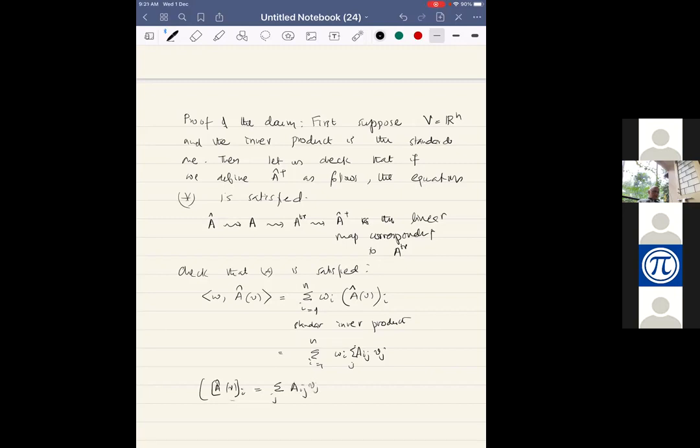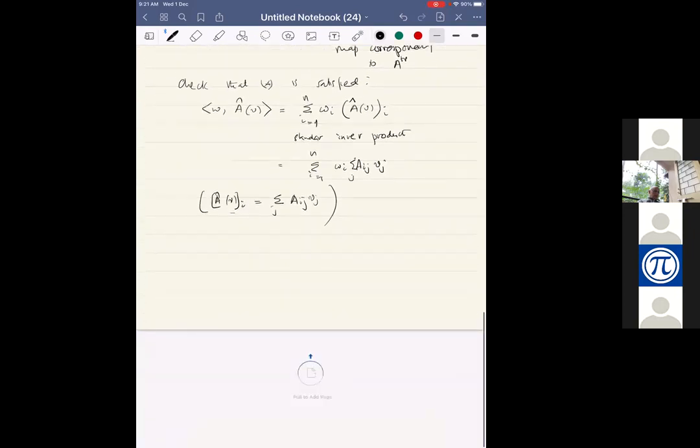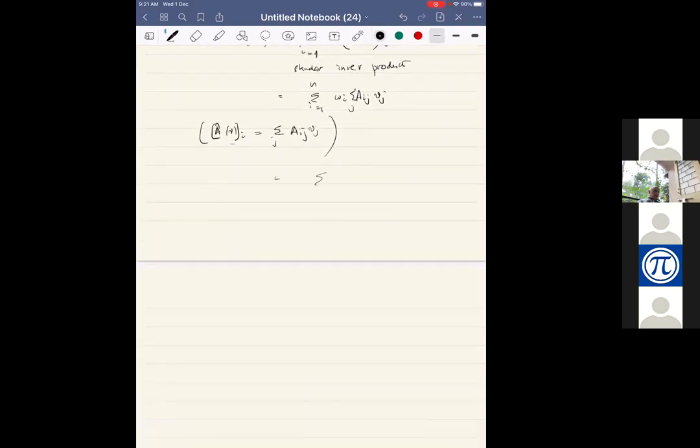This is the association, this is how the matrix A is defined. So this is equal to the sum over i equal to 1 to n, sum over j equal to 1 to n, omega_i A_ij v_j.